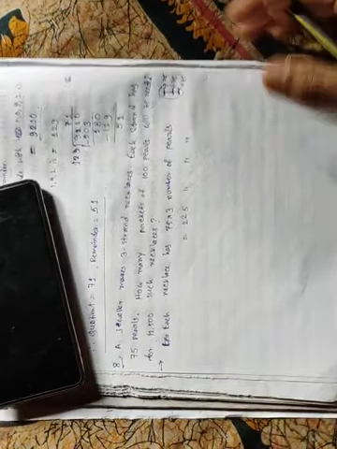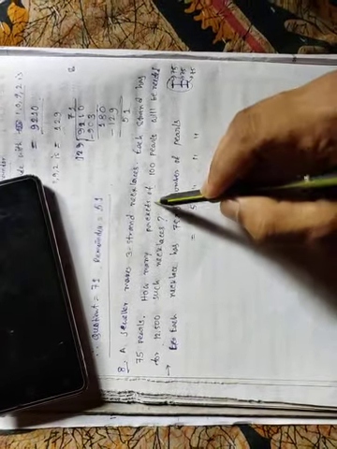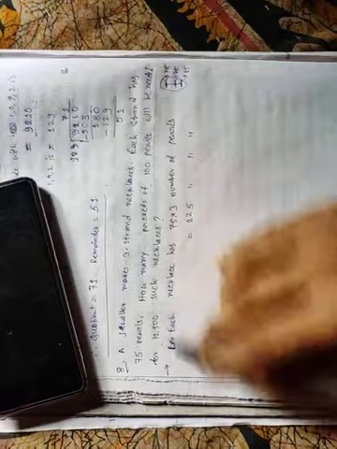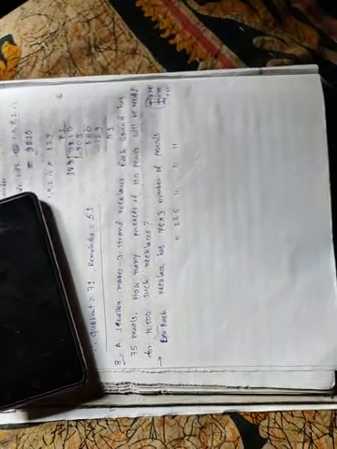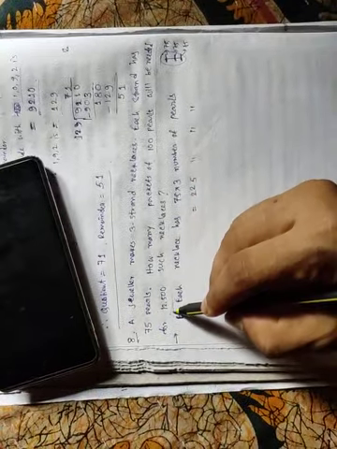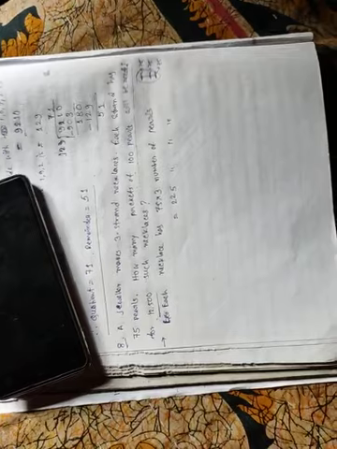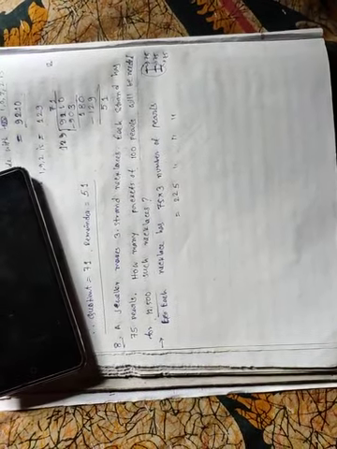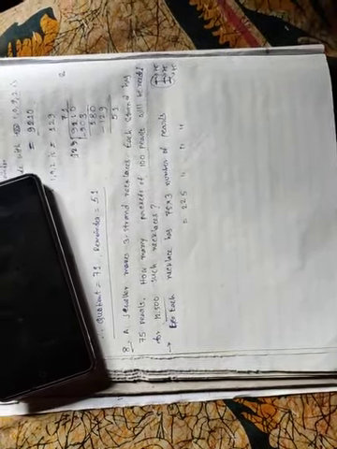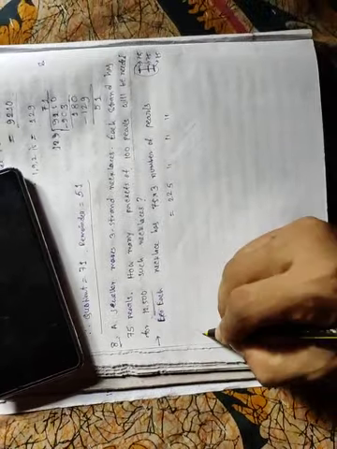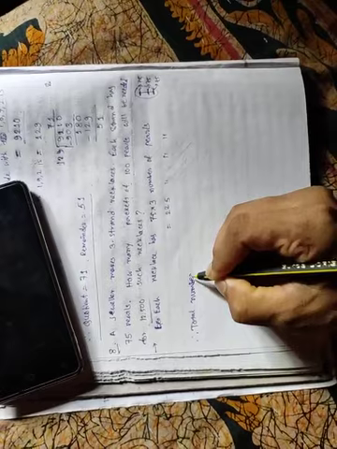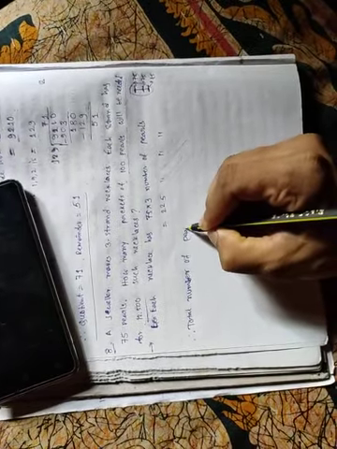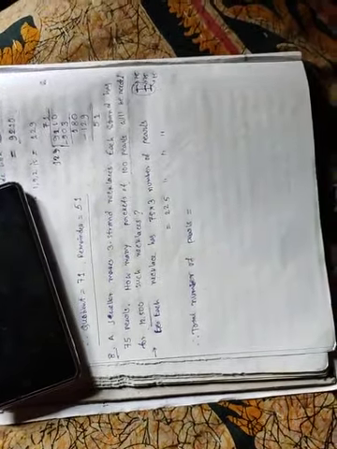Now how many packets of 100 pearls will be needed for 12,500 such necklaces? So the total number of necklaces is 12,500. Now the total number of pearls is equal to what?